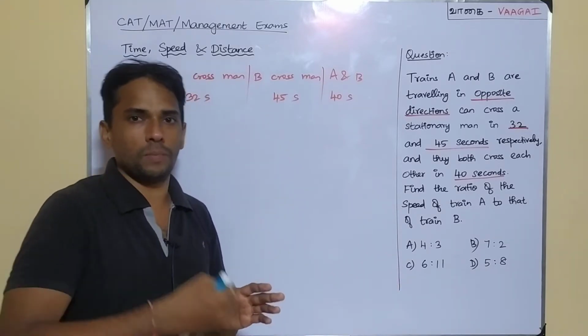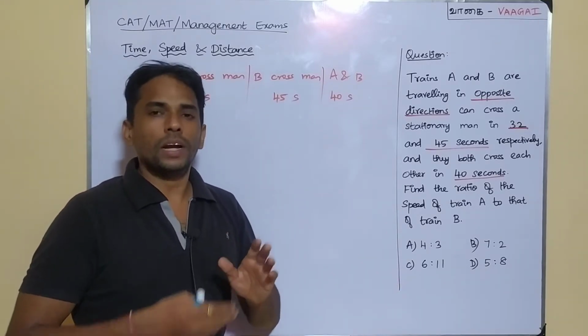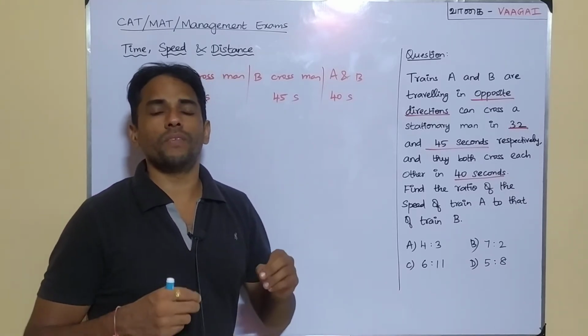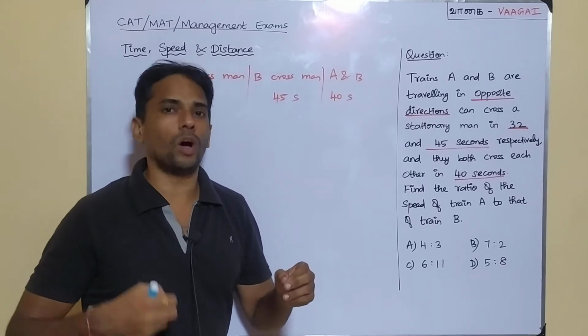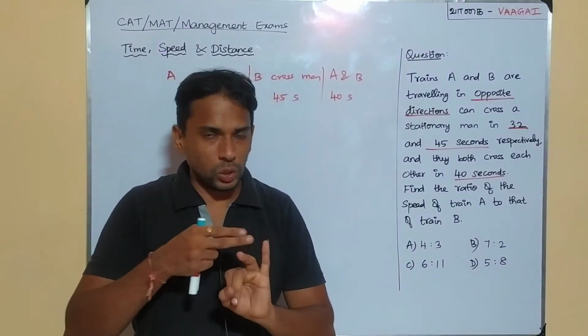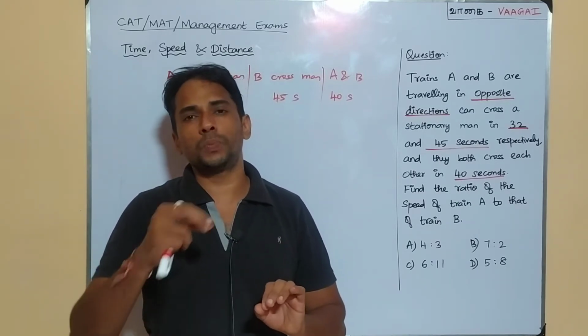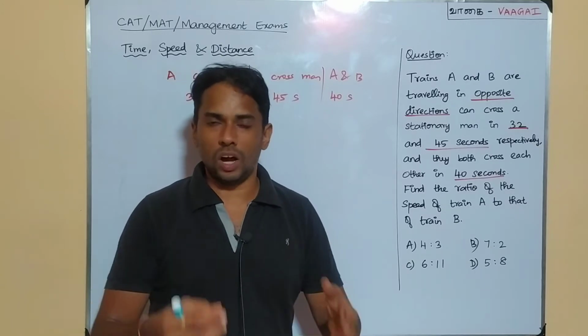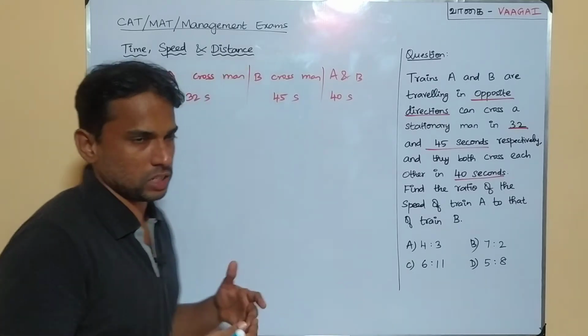That is, train A crossing a man, train A is the only moving object. Train B is going to cross a man, train B is the only moving object. So in that case, we need their speeds also. So we need to assume the lengths of the two trains A and B, as well as the speeds of the two trains A and B. All these things we just have to assume, and then only we can start solving this problem.